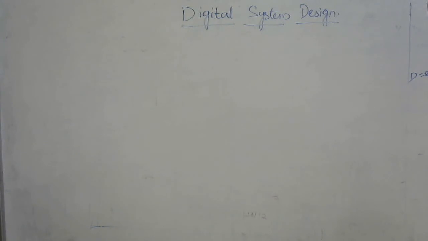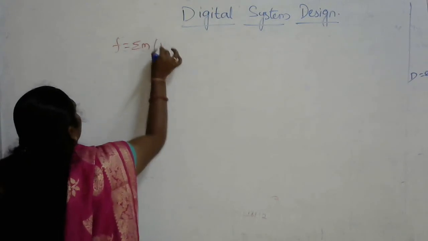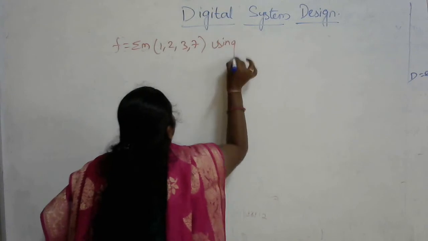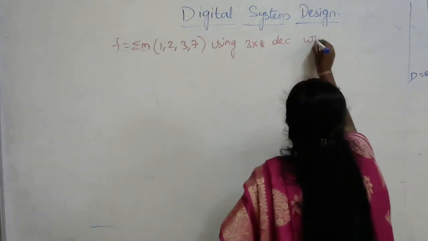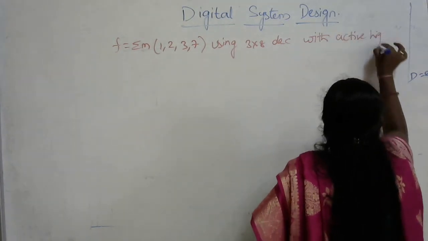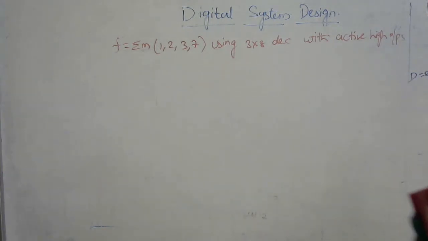Here the question is, we want to implement F is equivalent to sigma m of 1, 2, 3, 7 using a 3 by 8 decoder with active high outputs. So the question is, we need to represent this in the decoder circuit.